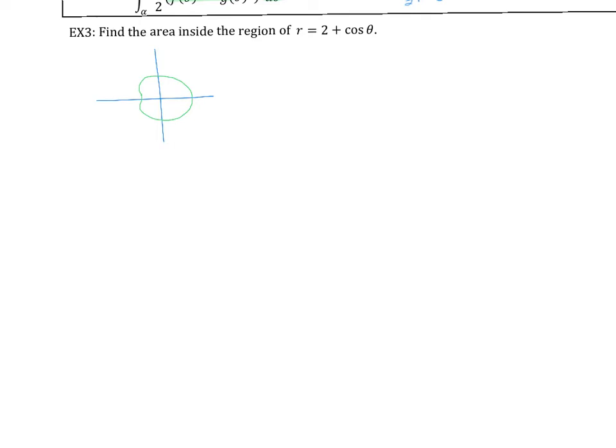It's going to look something like this. It starts when theta is equal to 0, and then the graph goes all the way around and comes back here at theta equal to 2 pi. So that's when we have our complete graph, and you need to know your limits of integration.